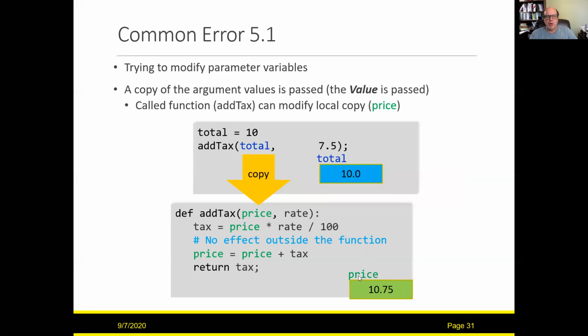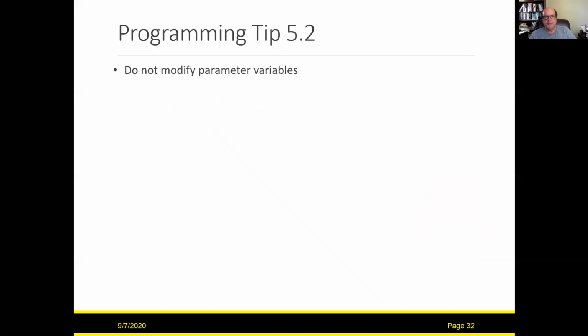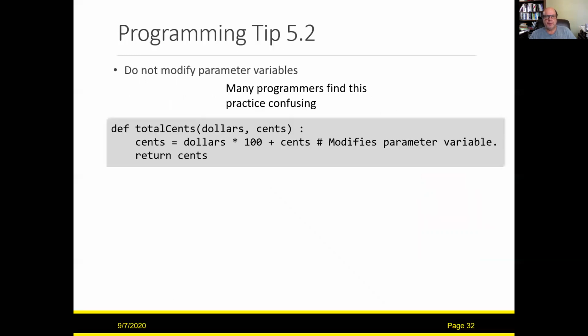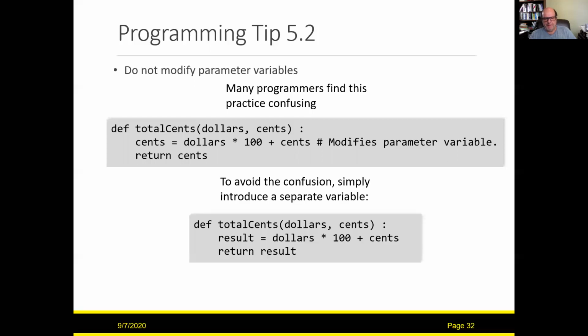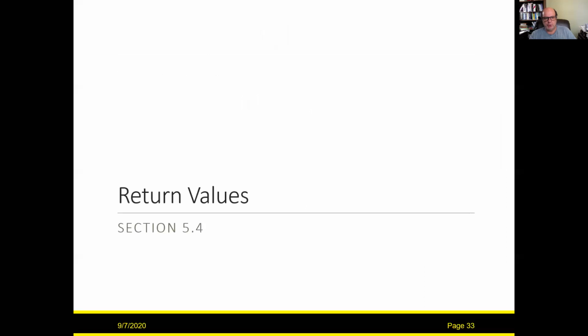If you modify the parameter, we're going to have a problem, because remember the local variable is going to go away after we go off the scope of the function. All the local variables are going to go away. So it's not updating this total, which is what somebody might be thinking. So we are not going to be modifying our parameters right now, and we're going to learn how to do it later.